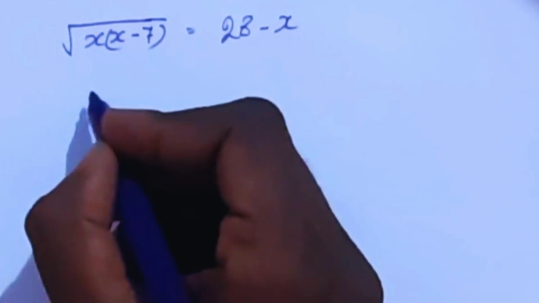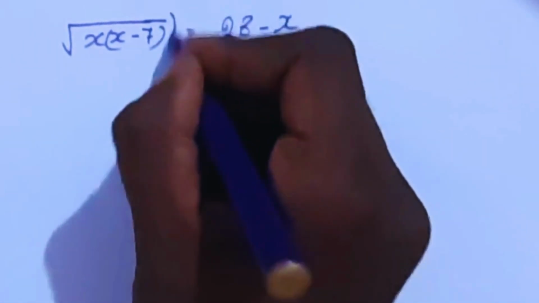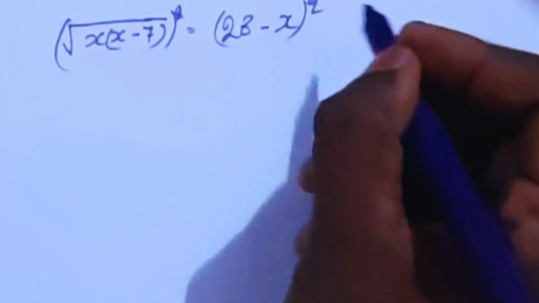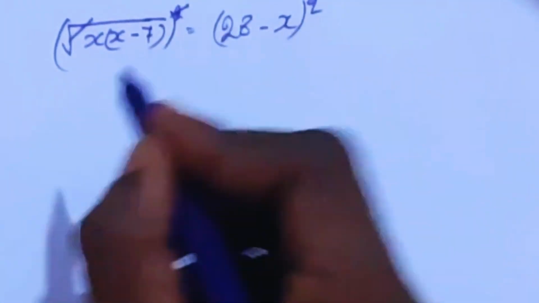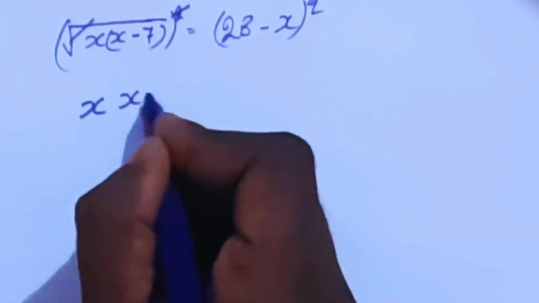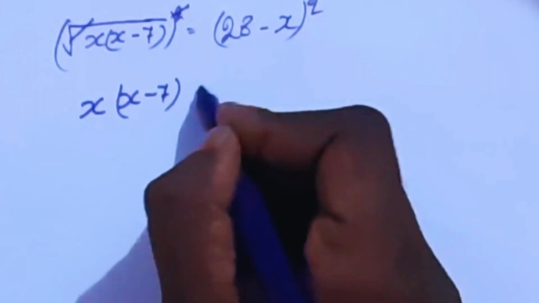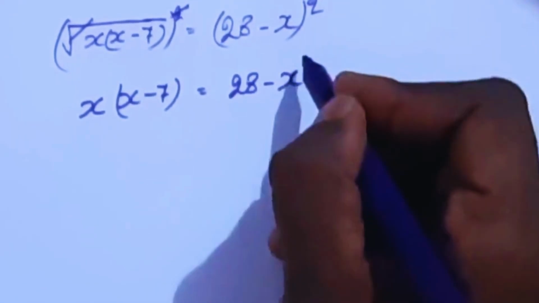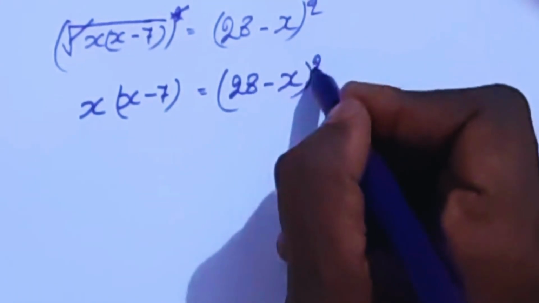Now we are going to take square on both sides, so here square, here square. Now this square and square root will cancel each other, so we have x times (x minus 7) equal to (28 minus x) whole square.